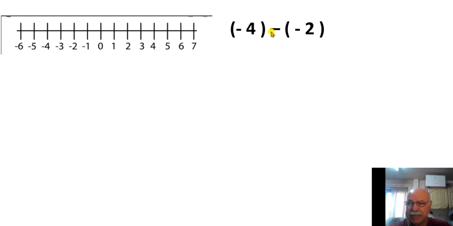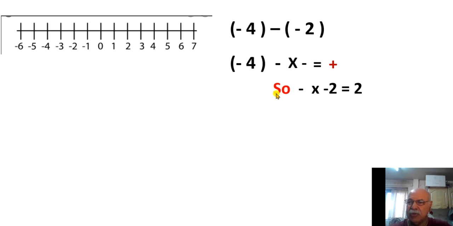Minus 4 minus 2 means adding: minus times minus means plus. We see minus 4 stays minus, and minus times minus becomes plus, because minus times minus equals plus.